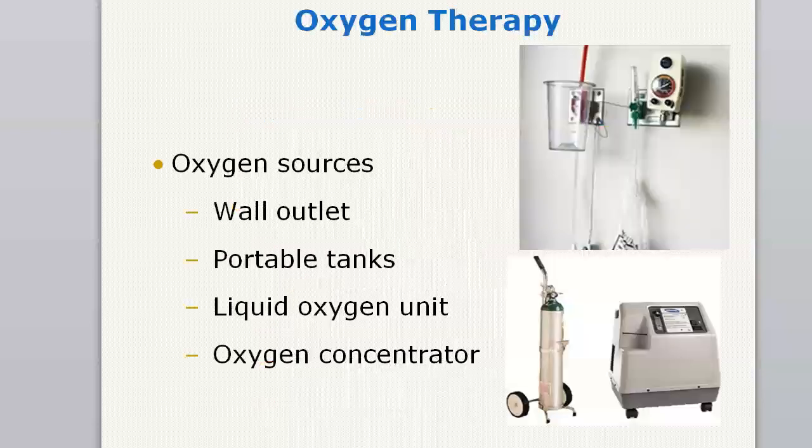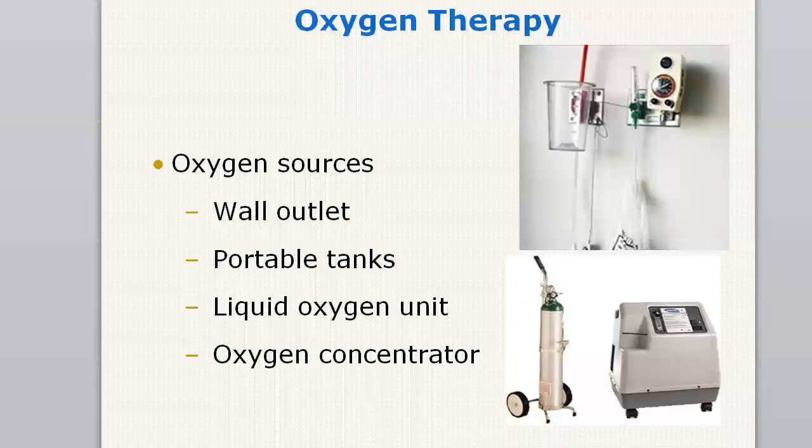Another thing that we provide our patients is oxygen. Okay, oxygen therapy. And as you can see from the pictures here on the slide, most of us are familiar with the wall outlets where you see a flow meter. If the patients leave their rooms, a lot of times we can put them on oxygen via a portable tank.